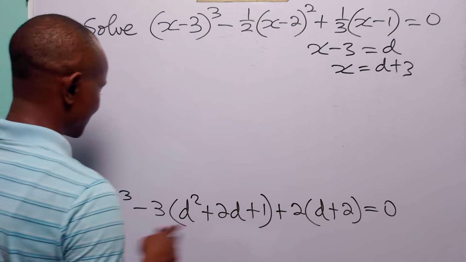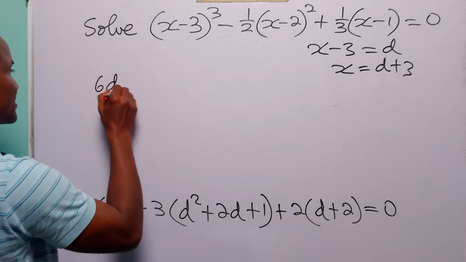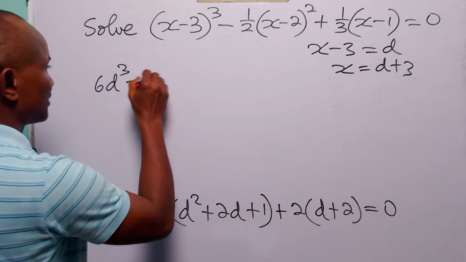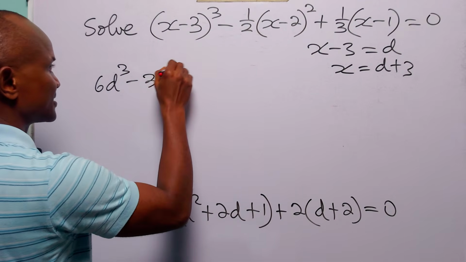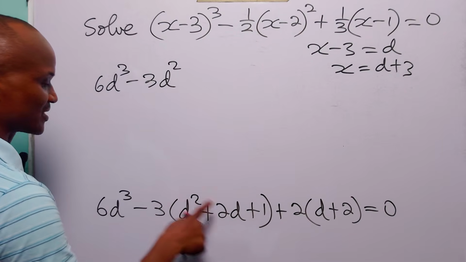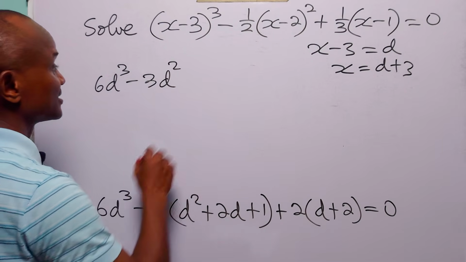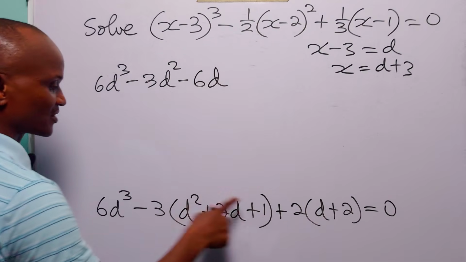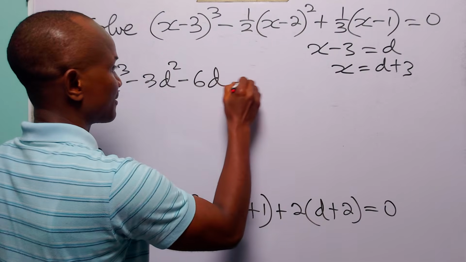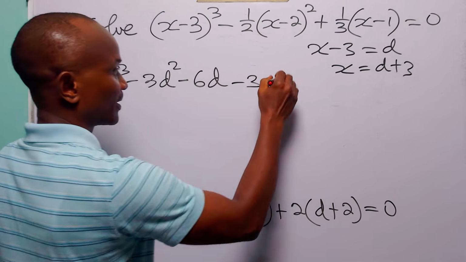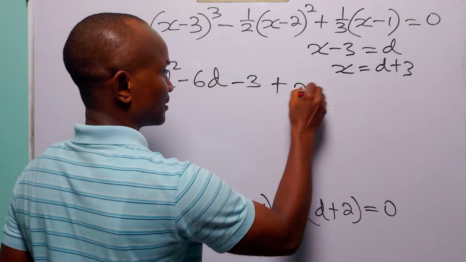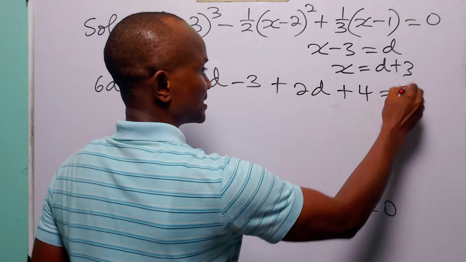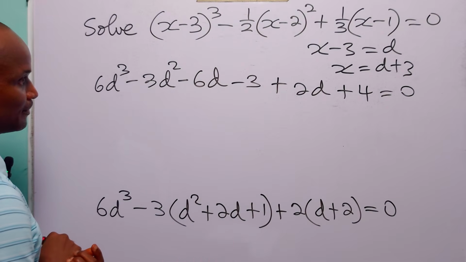Now opening the brackets, we have 6d cubed minus 3d squared minus 3 times plus 2d is going to give us minus 6d. Minus 3 times 1 is minus 3, plus 2d plus 4 is equal to 0.